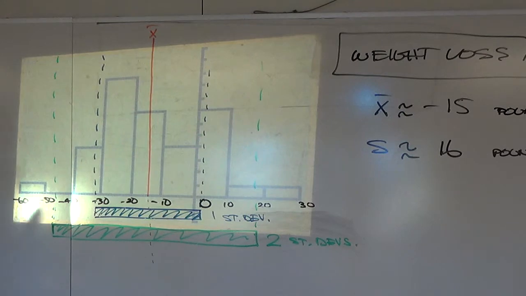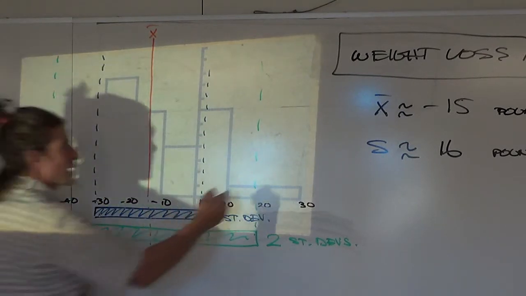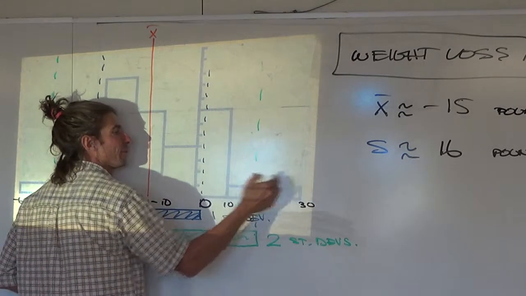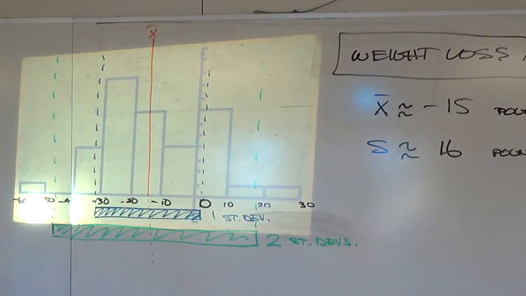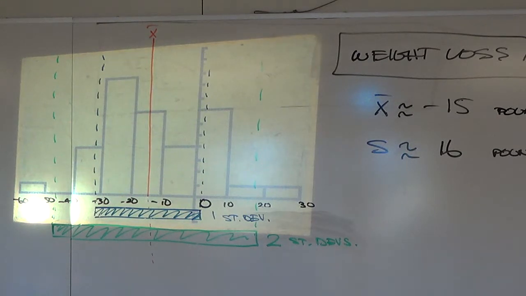And since it's 5% outside, what percent would be up here? 2.5 and 2.5. What picks up the other 2.5? The third. Almost all of it is picked up by the 3rd standard deviation. Not all of it, but almost all of it. We'll talk about that briefly.